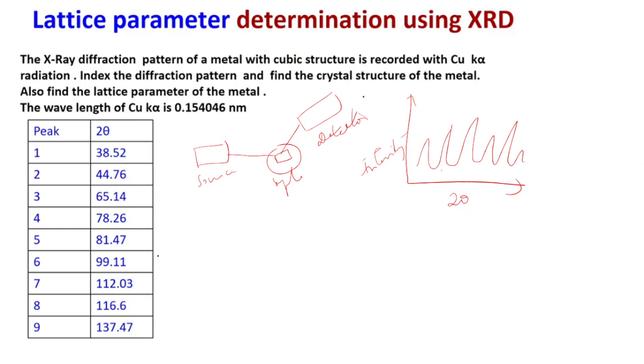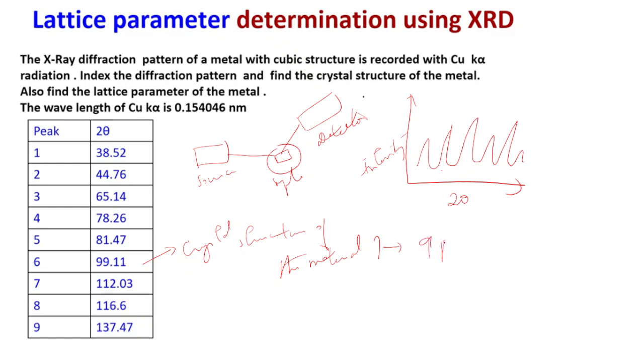My question is, from this, can we find the crystal structure of the material? Is it possible? Yes sir, 9 peaks we are getting, so we can say that it is FCC.